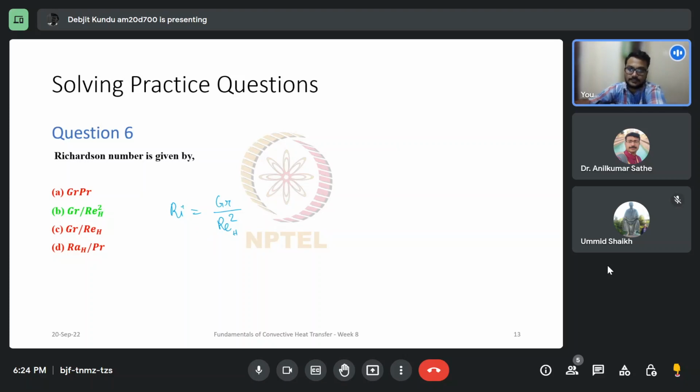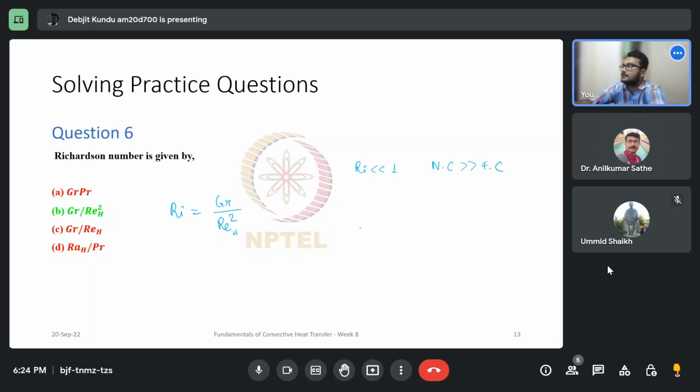the usefulness of Richardson number is that it compares the relative importance of natural convection and forced convection when both are present. So if Richardson number is much less than 1, that means the Grashof number is much lesser than the Reynolds number squared. So in that case, natural convection would be less than forced convection.